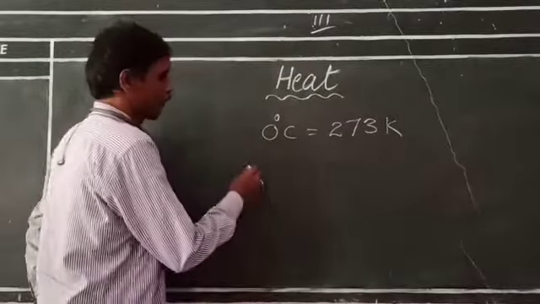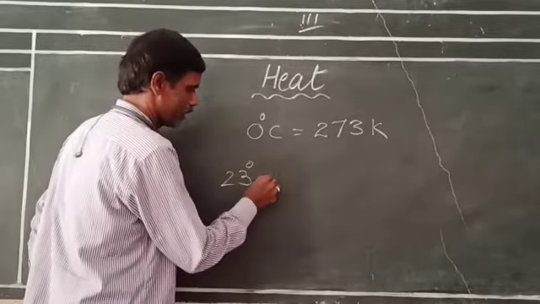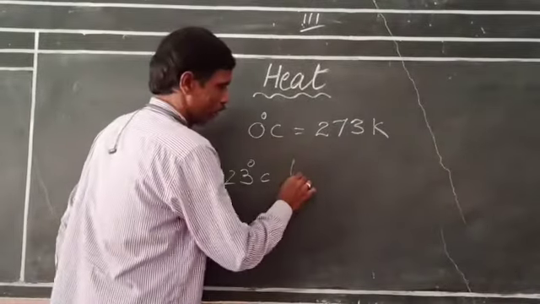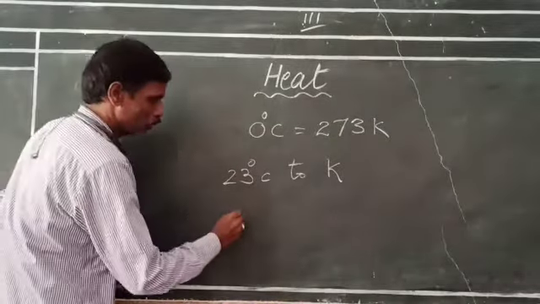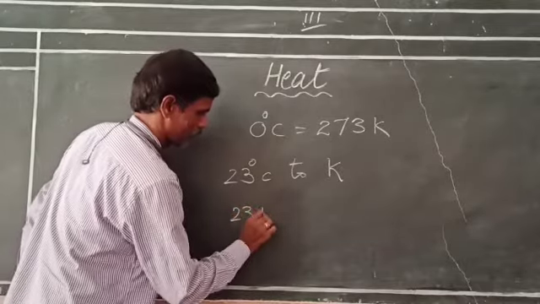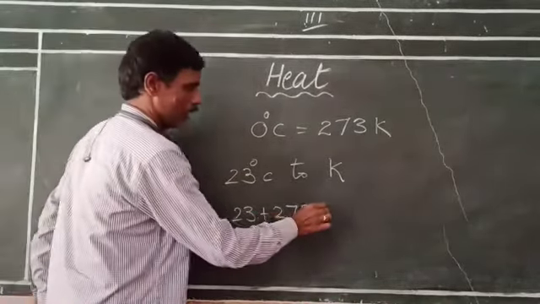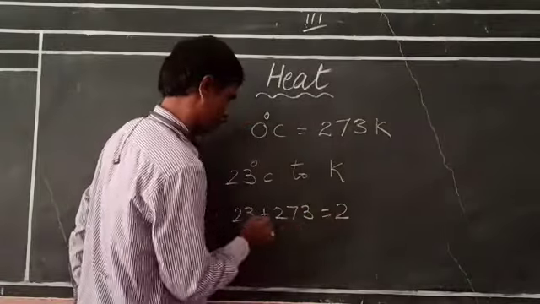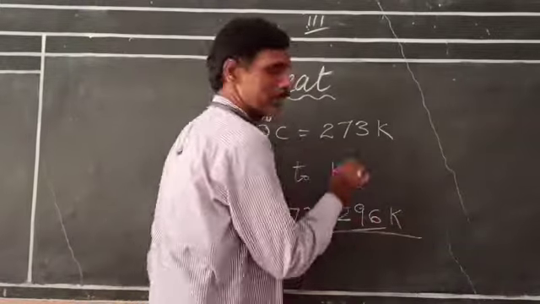For example, if you want to convert 23 degrees Celsius to Kelvin, what we will do is add 273 to the degrees Celsius so that you can get the Kelvin scale temperature.